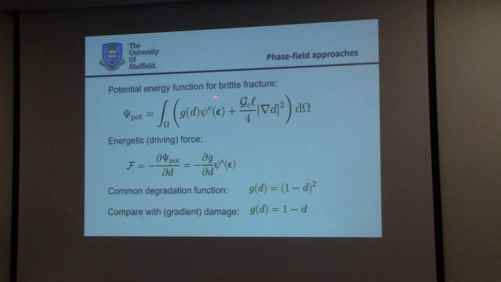Because if you propagate the crack, you get something like a degradation, a lowering of the energy in the reservoir. And this is modeled by multiplying the original elastic energy by a degradation function.